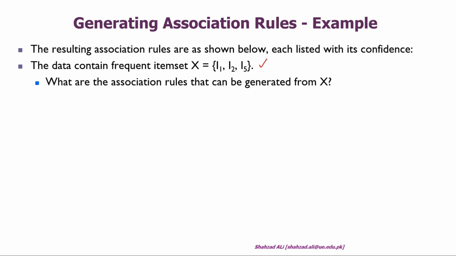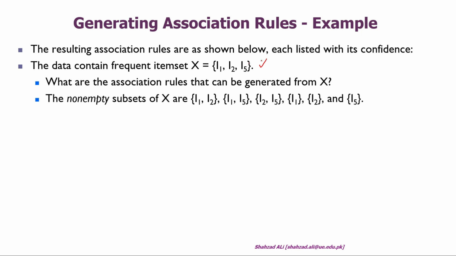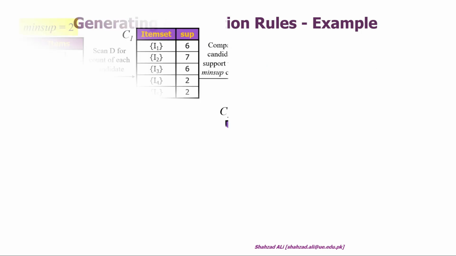What are the association rules that can be generated from this frequent item set? The non-empty subsets of this frequent item set are I1, I2; I1, I5; I2, I5; I1 alone, I2 alone and I5 alone.